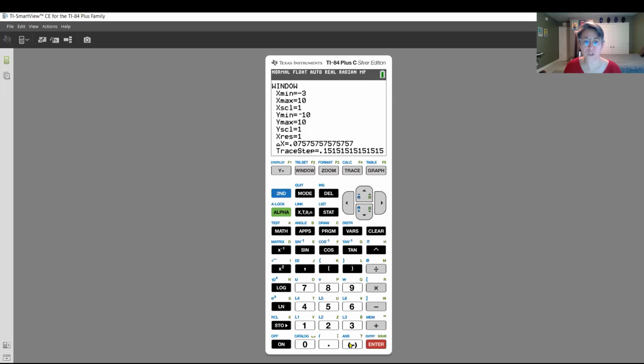We can change the x min to a negative 3 and the x max to 6. The x scale just says that your hash marks will count as 1, unless you want to do it by 5s or 10s, then you can change the scale. And then the y min, we can go from, let's say, negative 5 to 5.